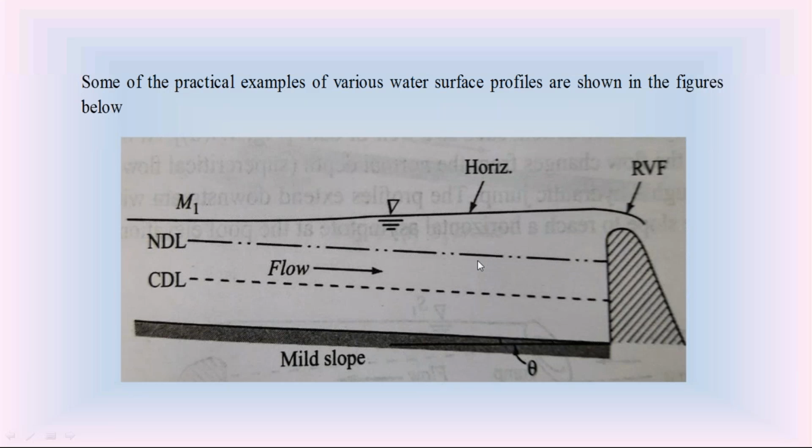This entire upstream portion is separated into a number of small portions. Then in the step method of integration, we calculate the length of the water surface profile in each small portion.